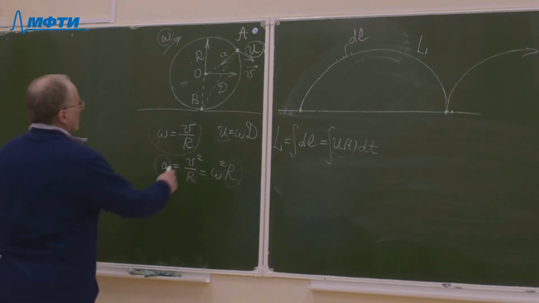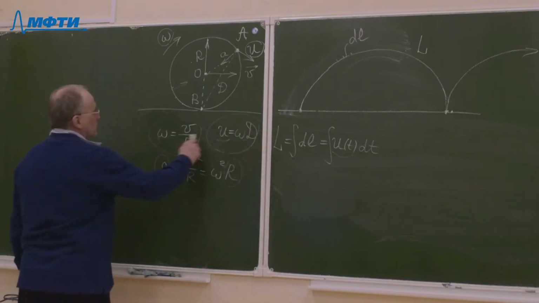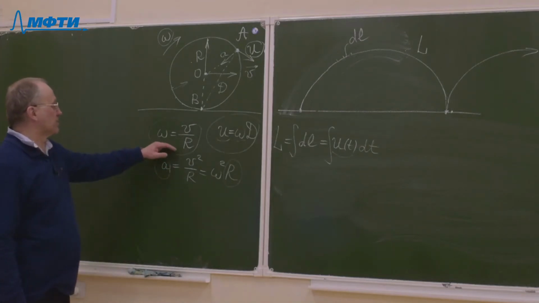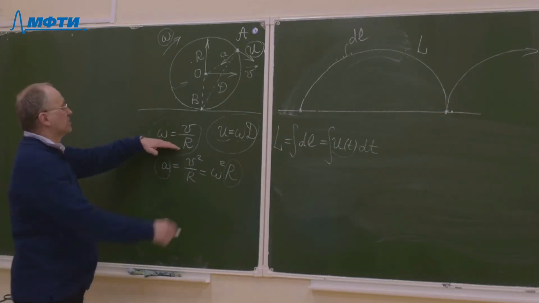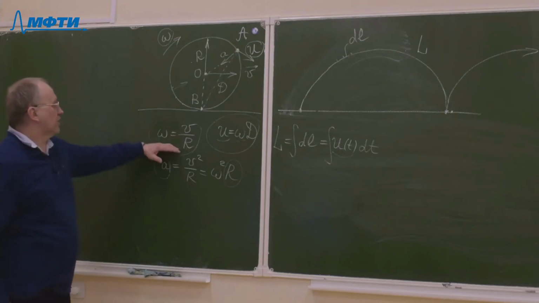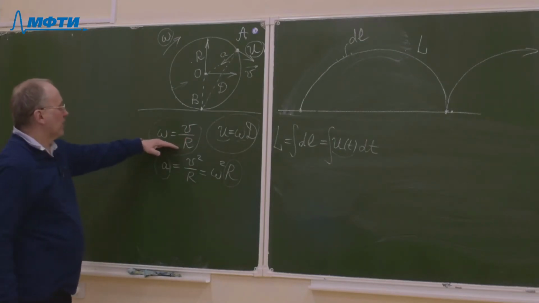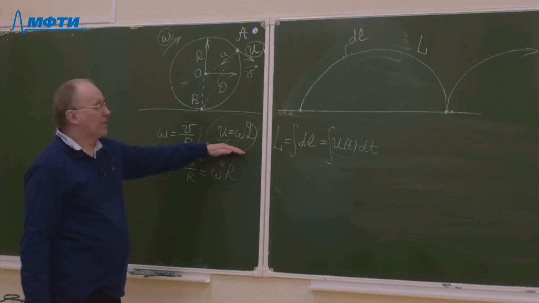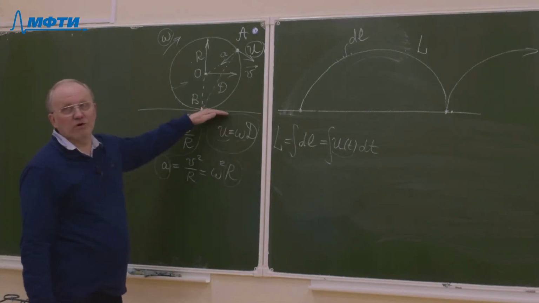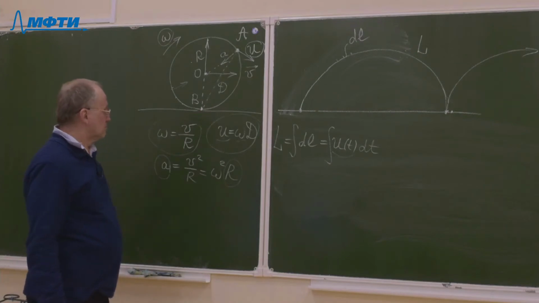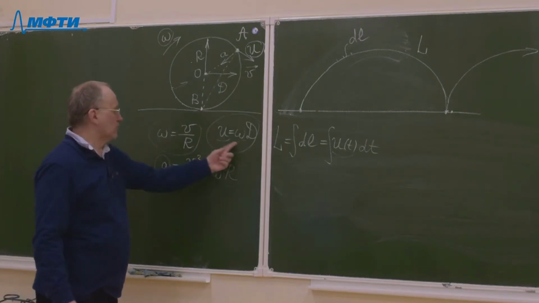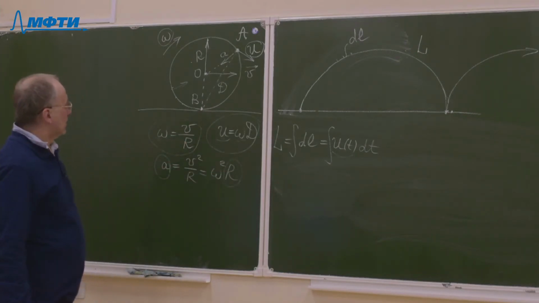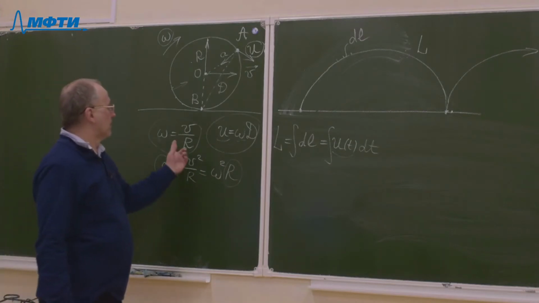So these two formulas are written in two different reference systems. This one in the reference system associated with the center of the wheel and moving with the same velocity. And this formula is written in the reference system associated with the road. But what's the problem? The omega is the same in both reference systems.